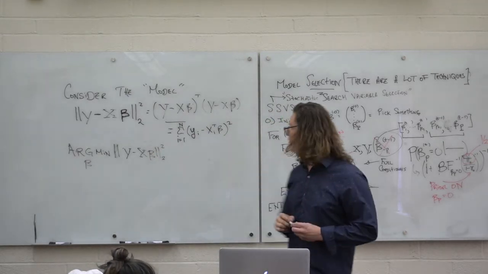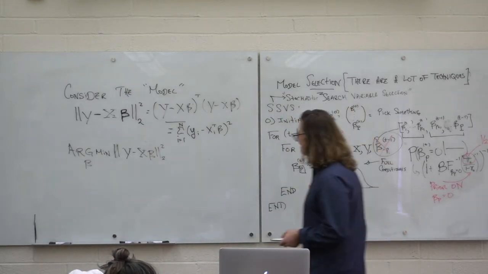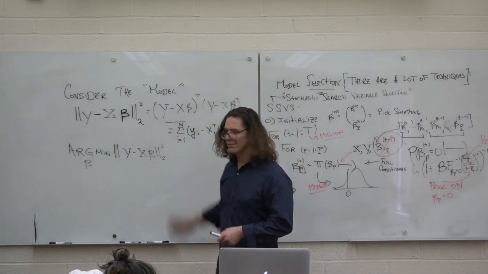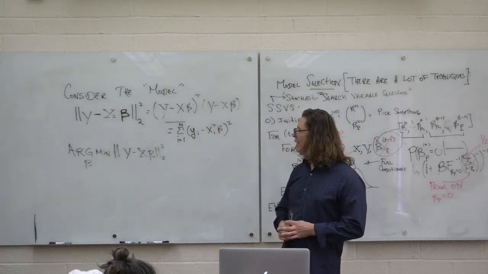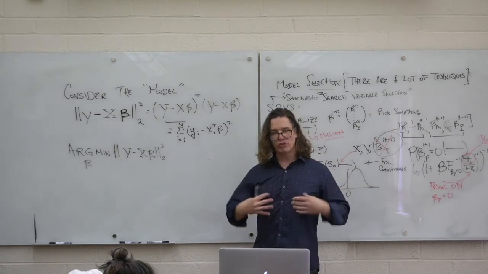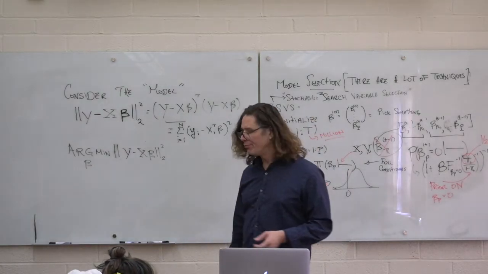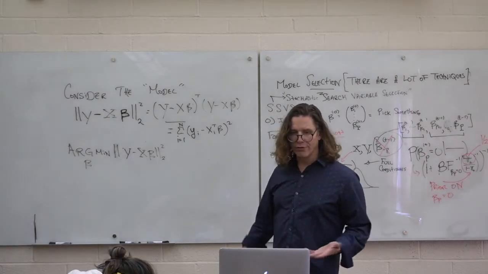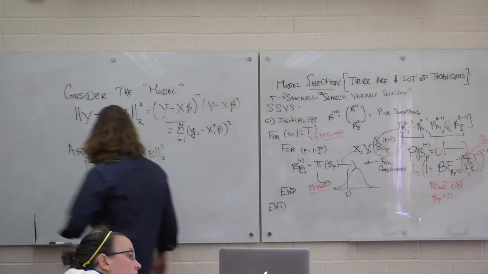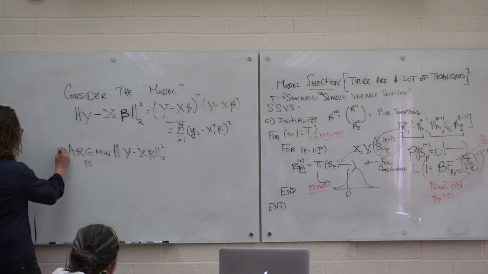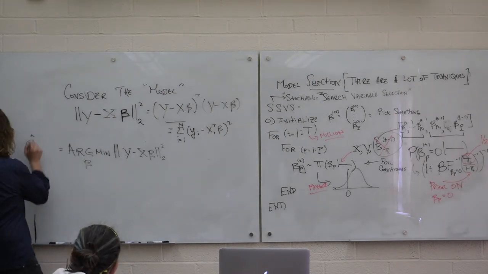It's just notation saying that I've squared everything out. Technically, the 2 norm itself has a square root over the top. If you didn't know that, it wouldn't change the solution to this problem because that's a monotonic function. Some people might call this beta hat.